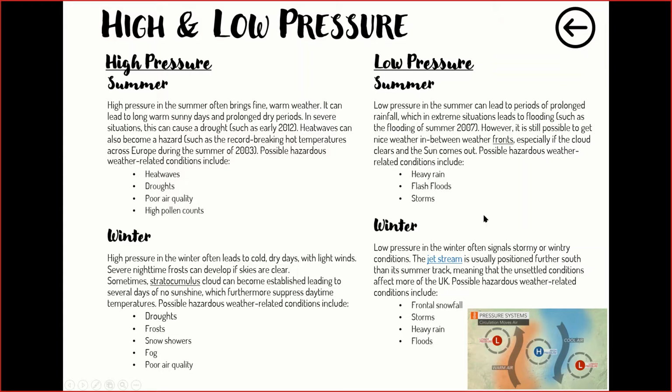And then in winter, it's stormy, wintry conditions, frontal snowfall, heavy rain, floods associated with that. So as you can see, floods are much more associated with low pressure than they are high. And low pressure is air circulating anti-clockwise. High pressure is air circulating towards the middle clockwise. And these will bring different temperatures of air with them.